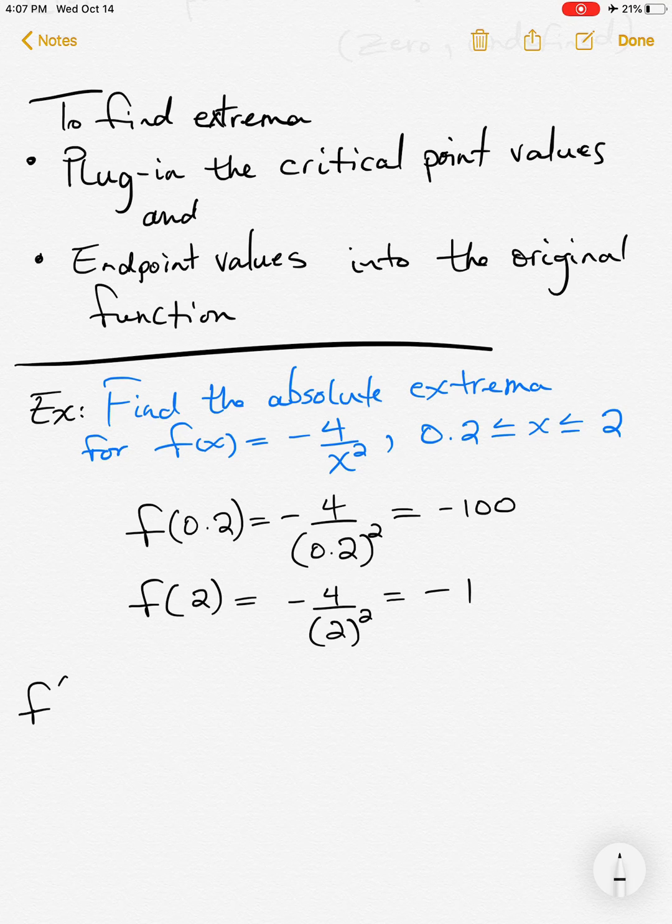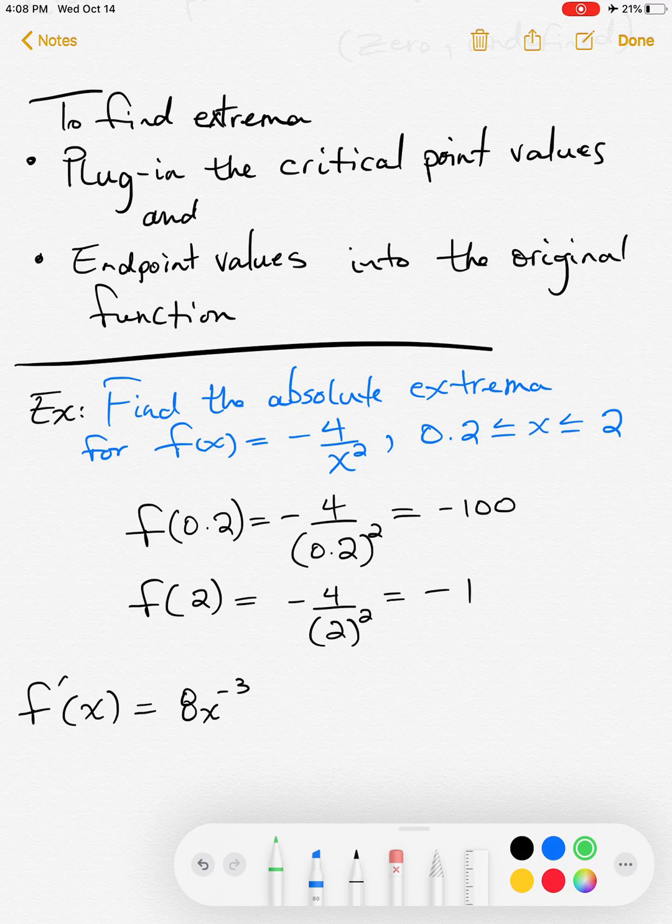So before we can plug in the critical point values, we've got to find them. So f prime of x is taking the first derivative of our original function. That gives us 8x to the -3 when you take that first derivative.